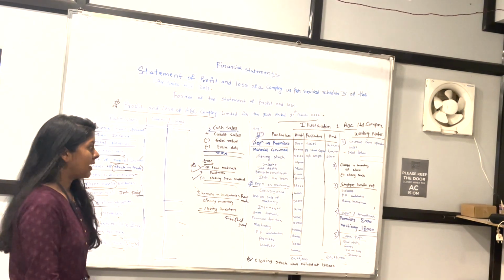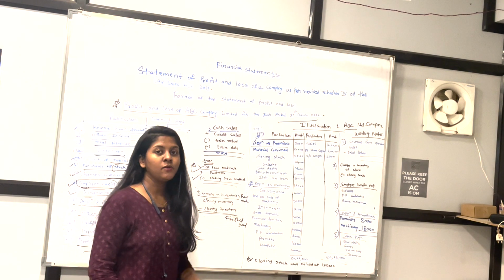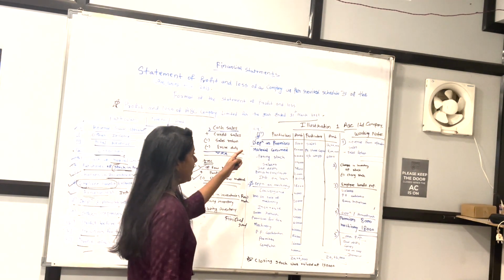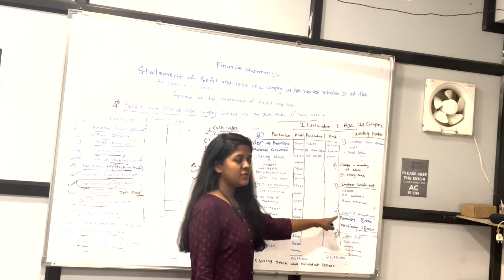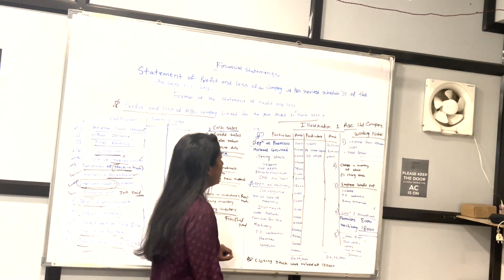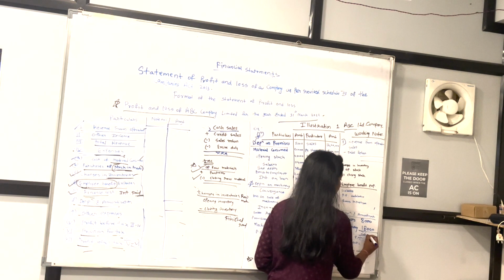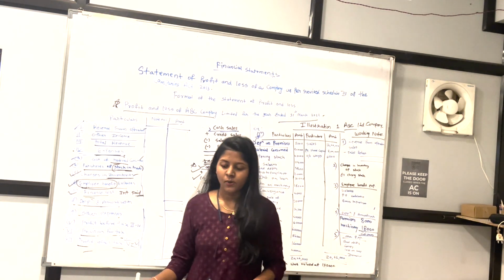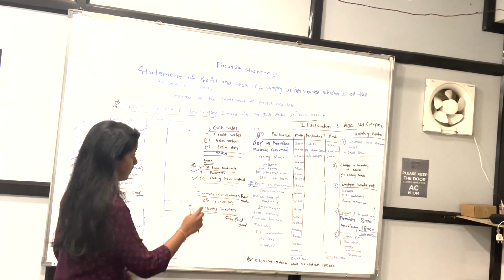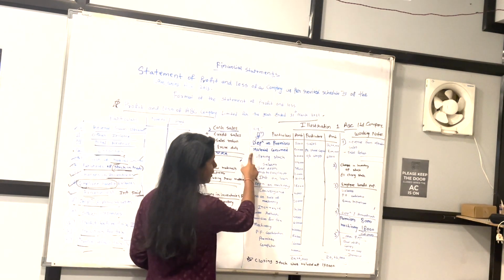As I told you, side by side we have to prepare working notes. After preparing the depreciation and amortization working note, you have to add this, so it comes to 26,000.